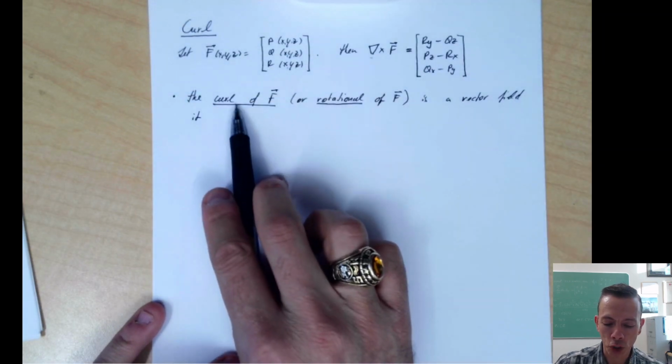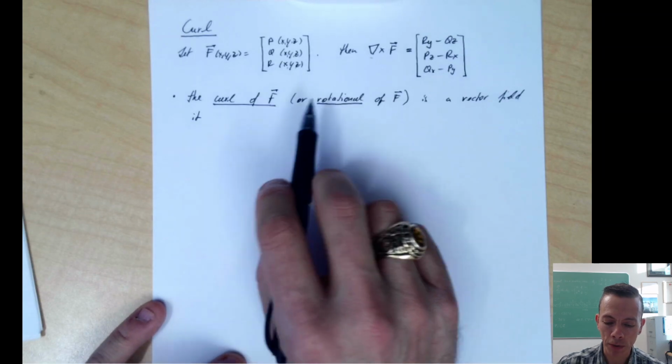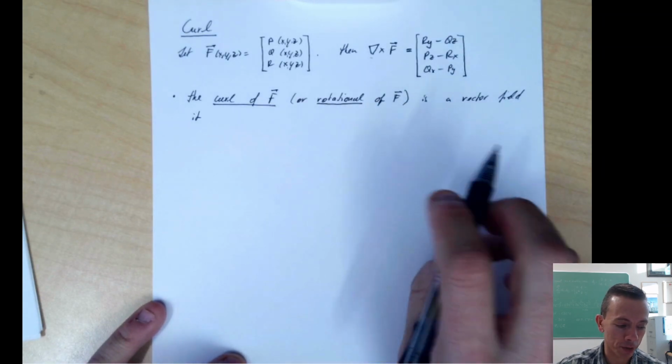And as the word curl or rotation symbolizes, this measures the amount of local rotation of the vector field at every point.